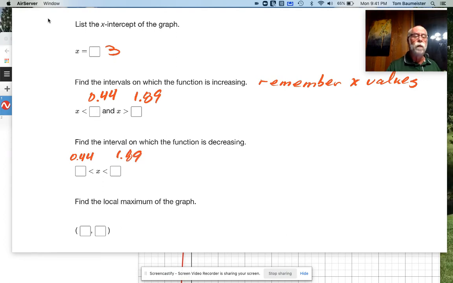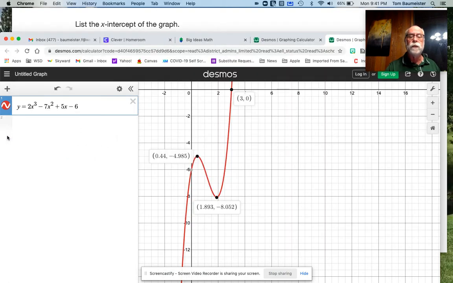Again, if you look at it again, what's our maximum? That's the point that they're asking us. So we're going to say 0.44 and negative 4.99. And then our local minimum will be 1.89 and negative 8.05.